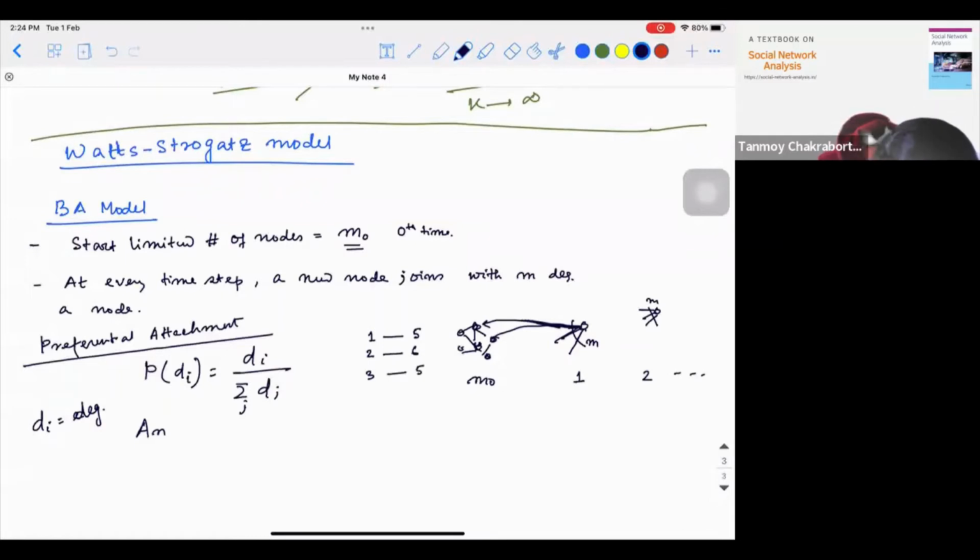So P of di equals 1 is 5 by 16, P of di equals 2 is 6 by 16, and P of di equals 3 is 5 by 16.